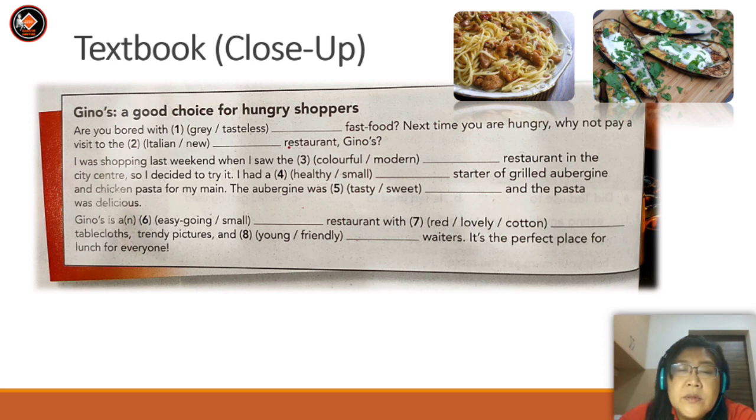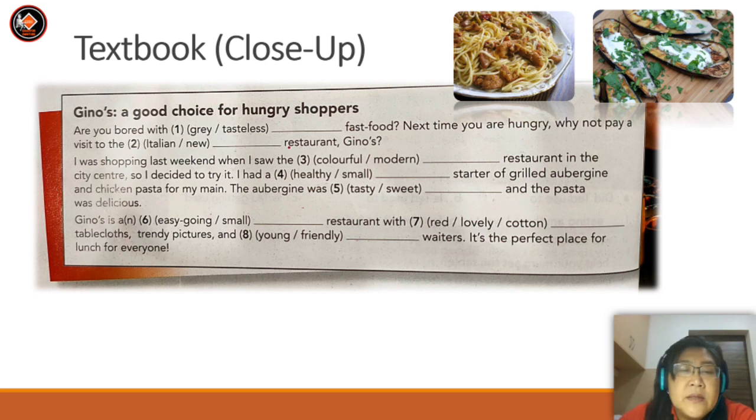The aubergine was tasty, sweet, and the pasta was delicious. Geno is an easygoing small restaurant with red lovely cotton tablecloth, trendy pictures, and young friendly waiters. It's the perfect place for lunch for everyone.